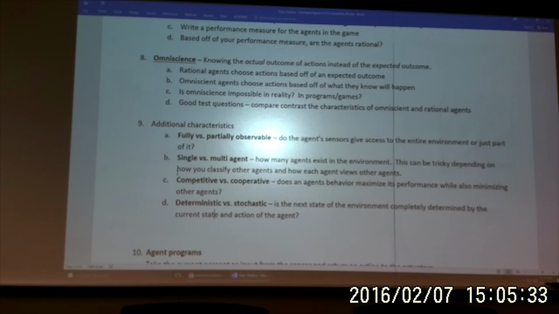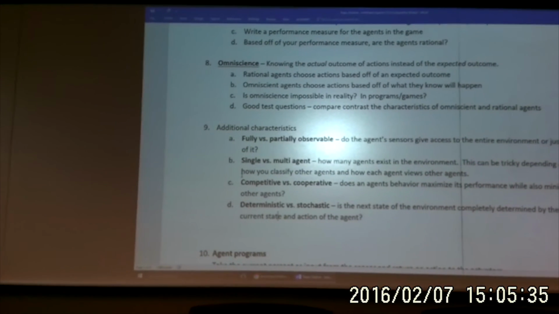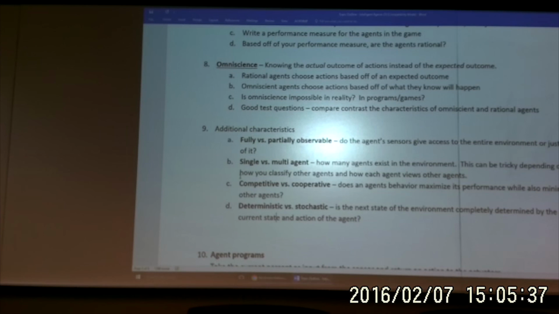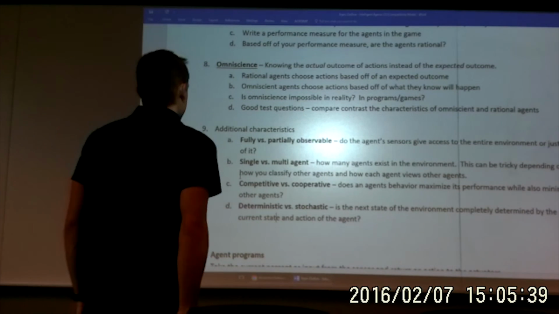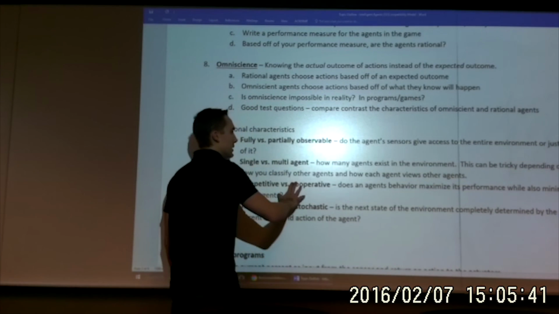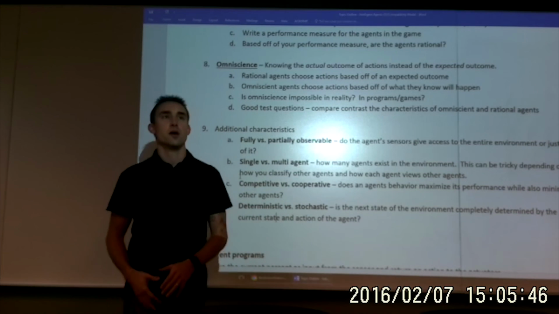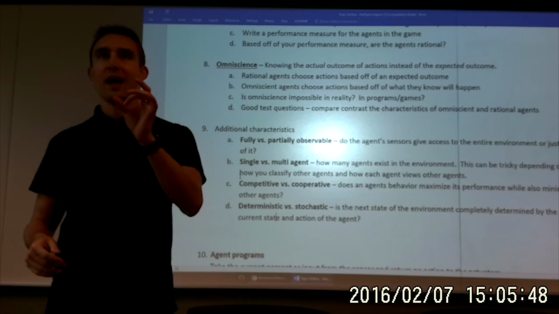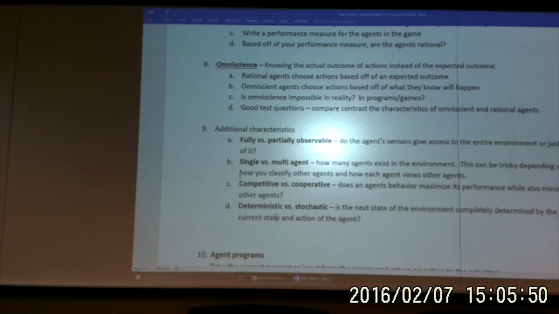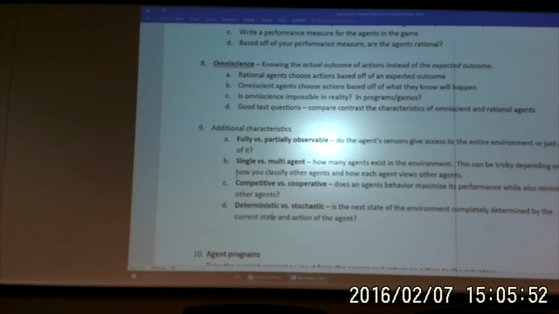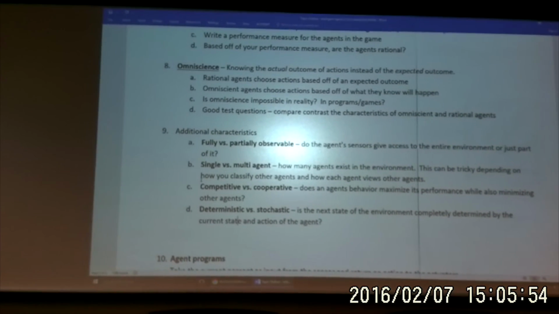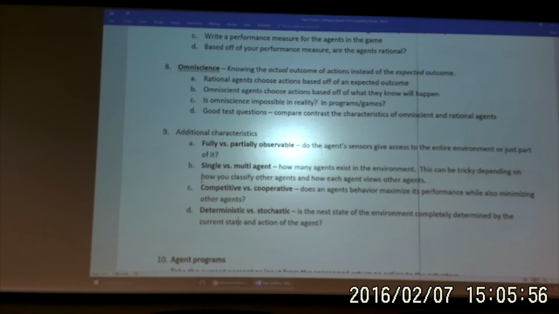Single versus multi-agent. I say that this can be tricky based off of how you classify what an agent is. Think back to that taxi driver example that we gave at the beginning of class in the PEAS description.